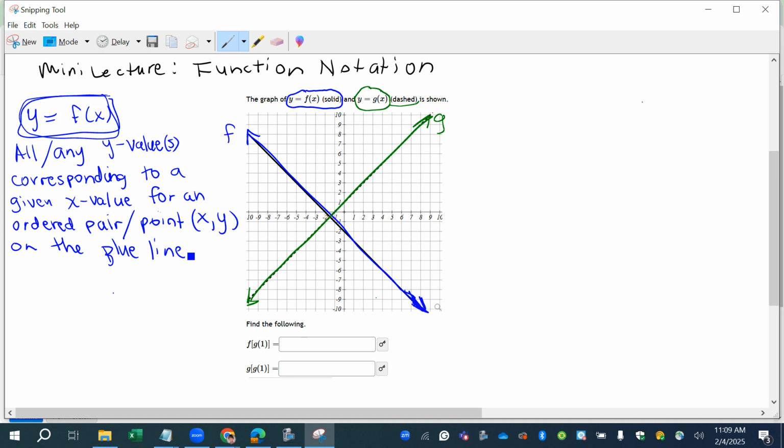So now, if I am to say, what is the y value on the blue line? Okay, let's say I posed that question to you. Think about it for a sec.